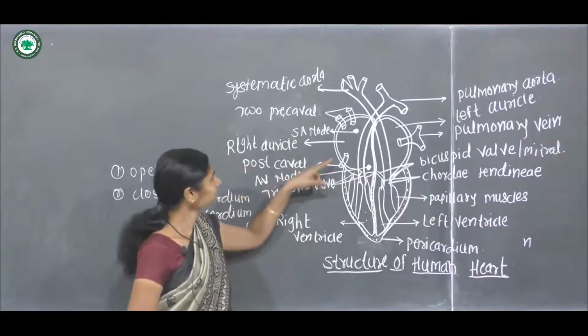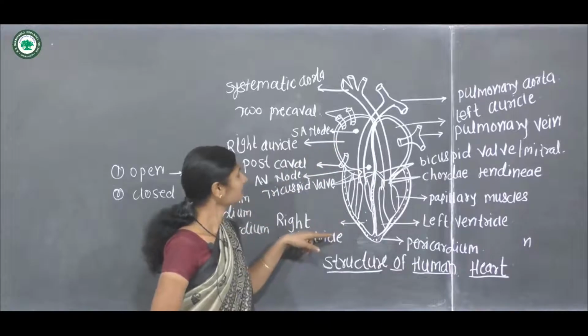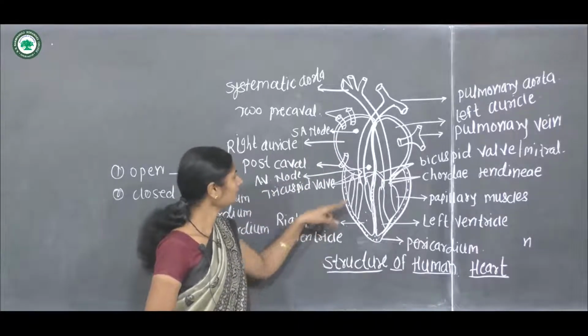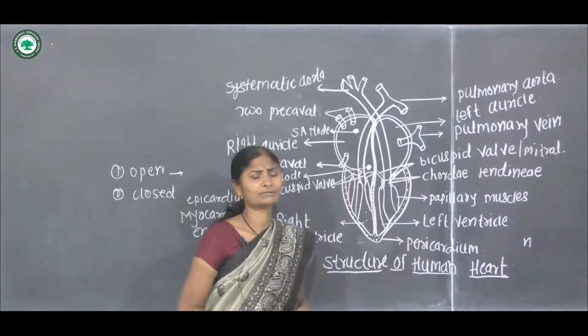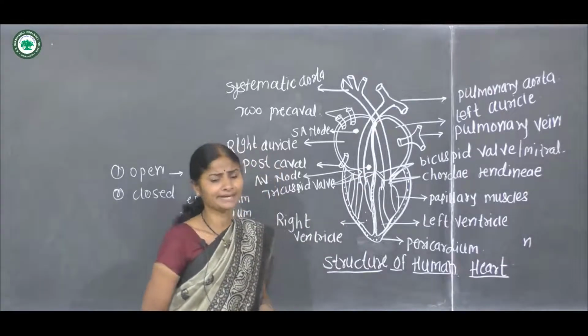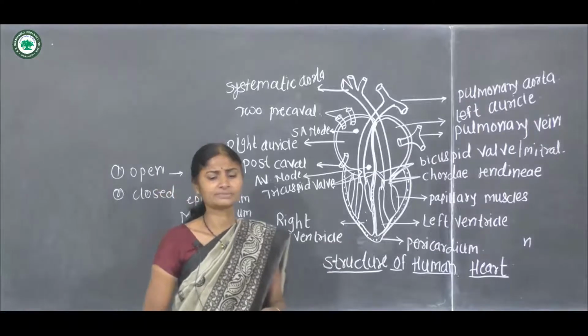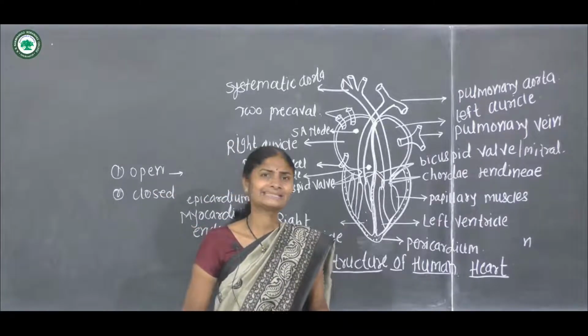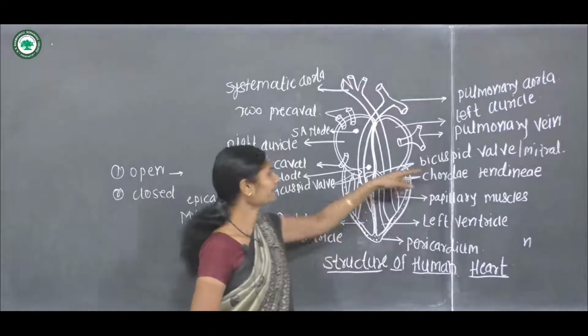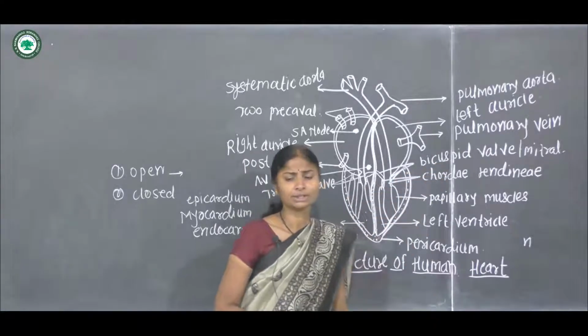The right auriculoventricular aperture is guarded by the tricuspid valve. The tricuspid valve contains three flaps and the bicuspid valve contains two flaps.